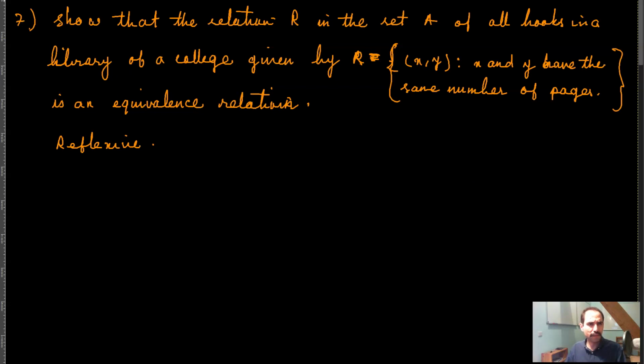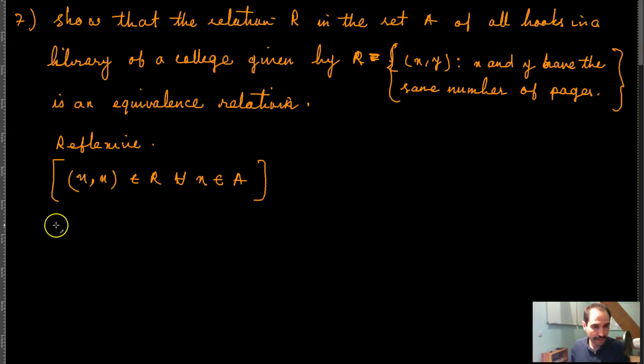Let me see. Well, the way that I was thinking about this was actually not right. The condition for reflexive is that (x, x) has to belong to R for all x belonging to the set A. That condition will be fulfilled for each and every book in the library, because every book has the exact same number of pages as itself.